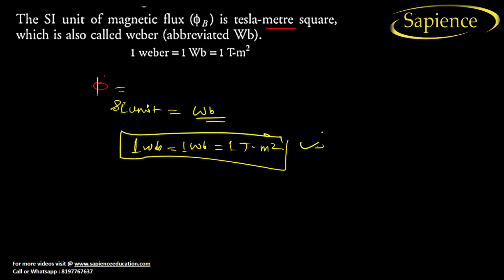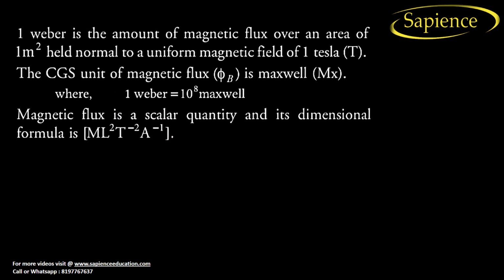Okay. Now, how will you define 1 Weber? 1 Weber is the amount of magnetic flux over an area of 1 meter square held normal to a uniform magnetic field of 1 Tesla.